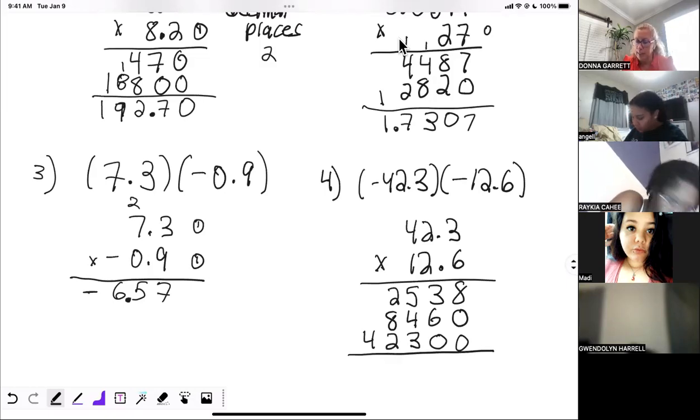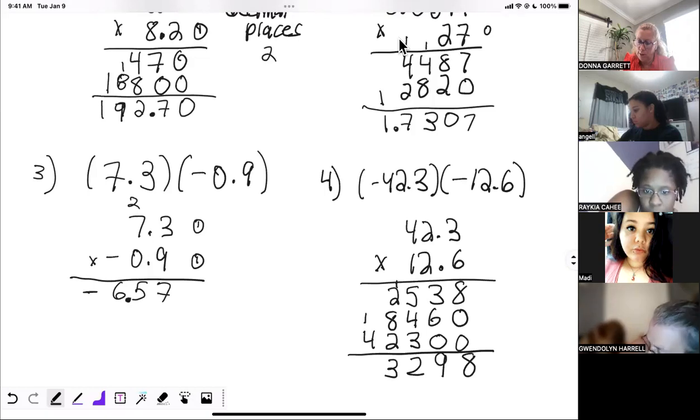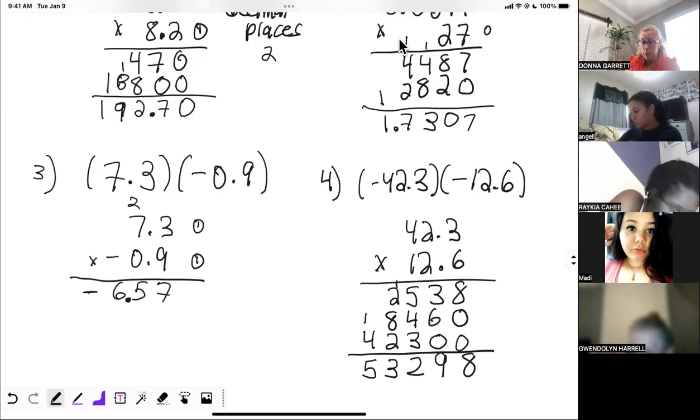And now we're going to add them all down. I have 8, 6 and 3 is 9, 5 and 4 is 9, 10, 11, 12. 8, 9, 10, 11, 12, 13. 4 and 1 is 5. And then I have 2 decimal places I have to move.